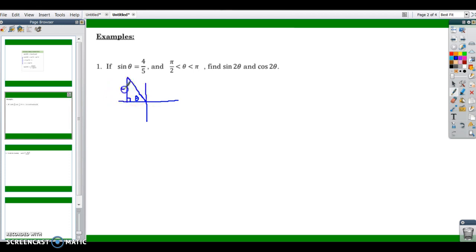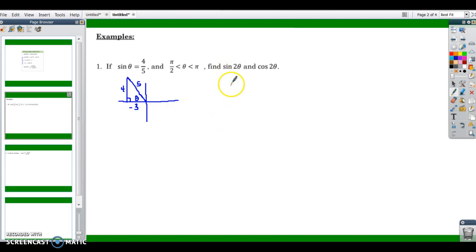Sine is opposite over hypotenuse. And if you recognize this is a 3, 4, 5 right triangle, you can just go ahead and put that in. If not, you could always do Pythagorean theorem to find that missing side. Remember, because I'm on the negative side of the x-axis, the net value has to be -3.